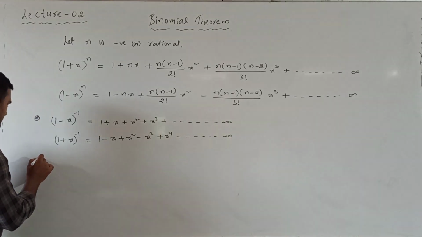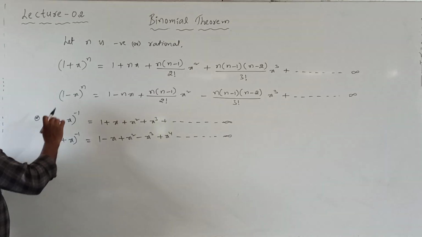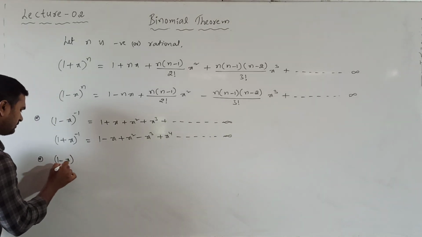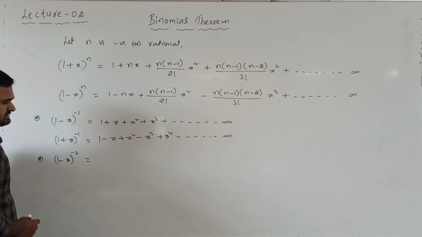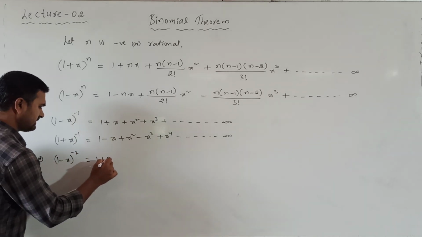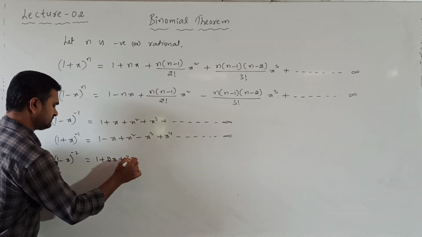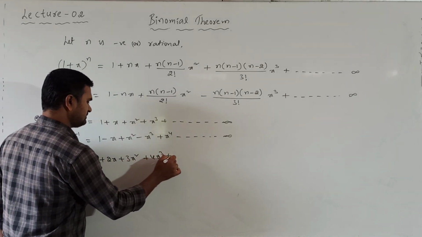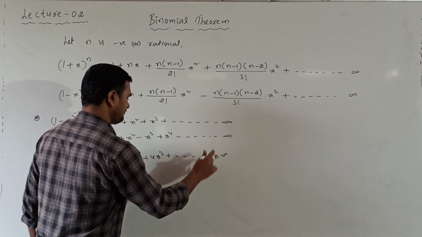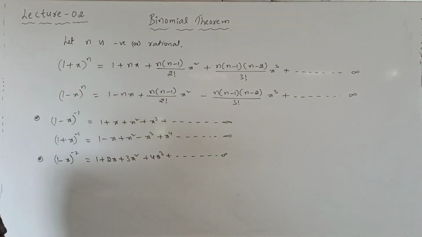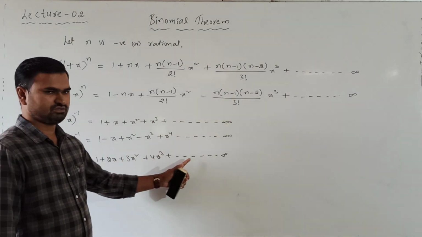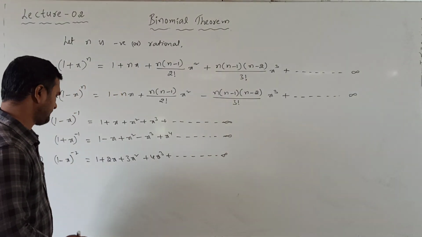Next, if I replace n with minus 2, (1 - x)^-2 is 1 + 2x + 3x^2 + 4x^3 and so on up to infinity.